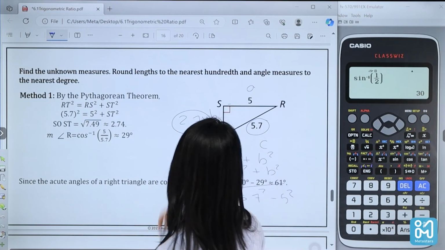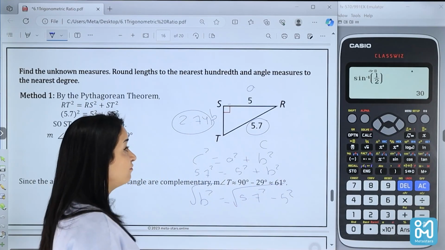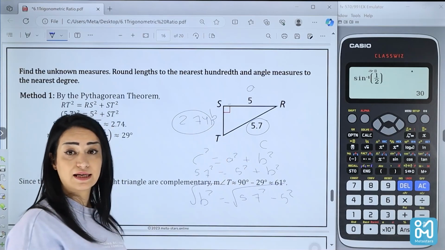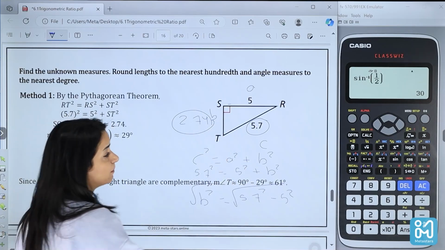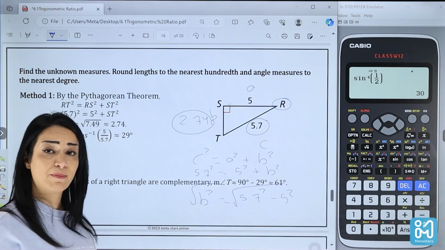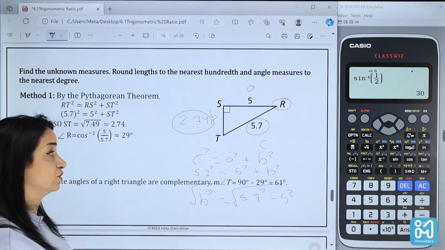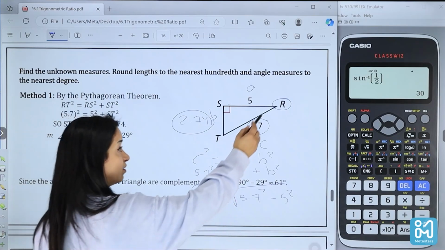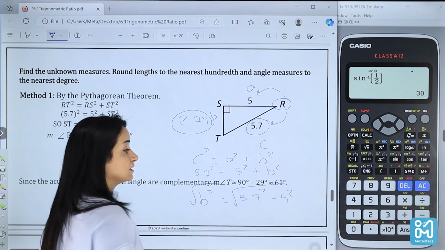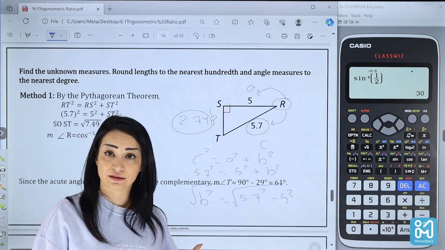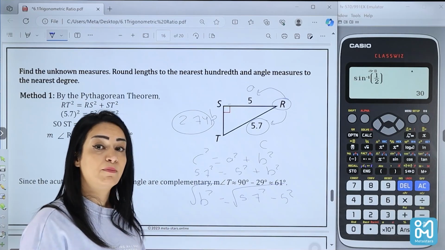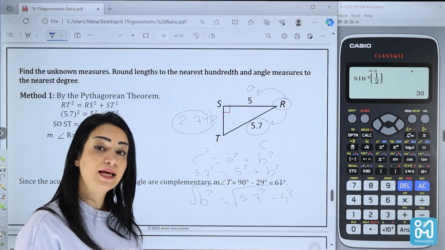Now what about the angles? I have no information about the angles, only this angle is equal to 90. So suppose I need to find the measure of angle R. What information do I have about the sides in relation to R? I know the adjacent and I know the hypotenuse. Since I know the adjacent and the hypotenuse, I can find the angle by using cosine inverse.